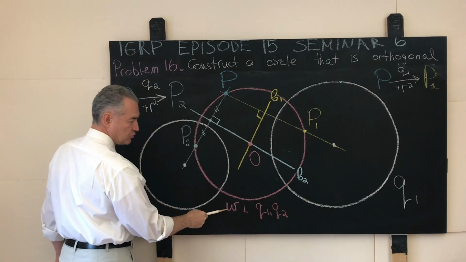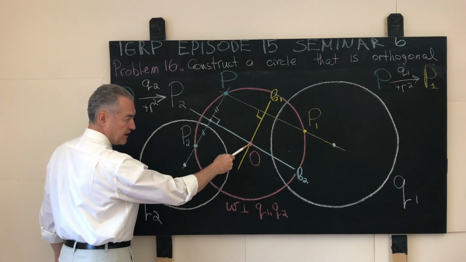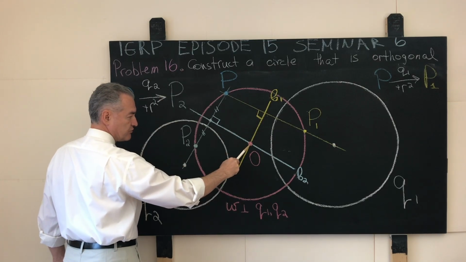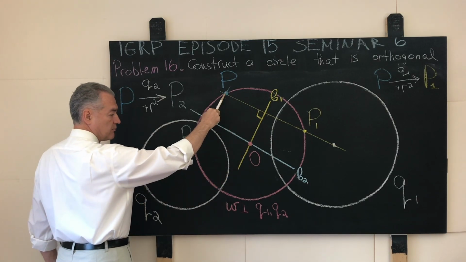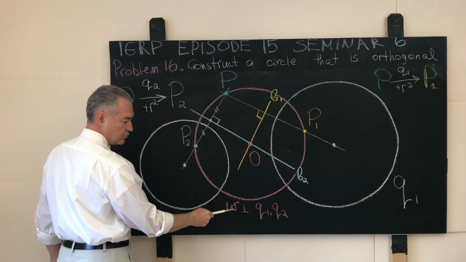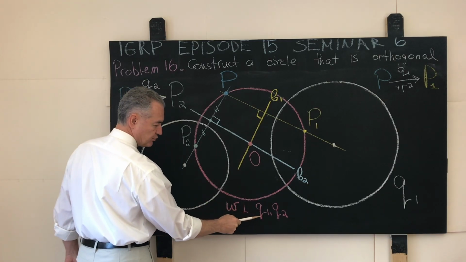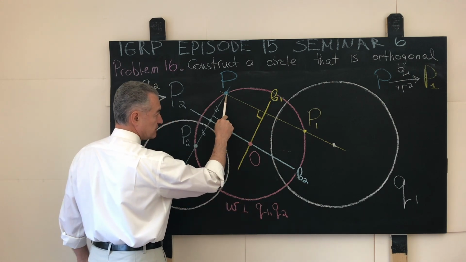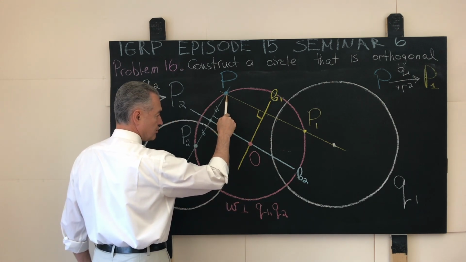That circle W will have that point O as its center, and it will have the radius, the length of the line segment OP. We claim that this circle will be orthogonal to the input circles Q1 and Q2, and it will pass evidently by means of construction through the point P.